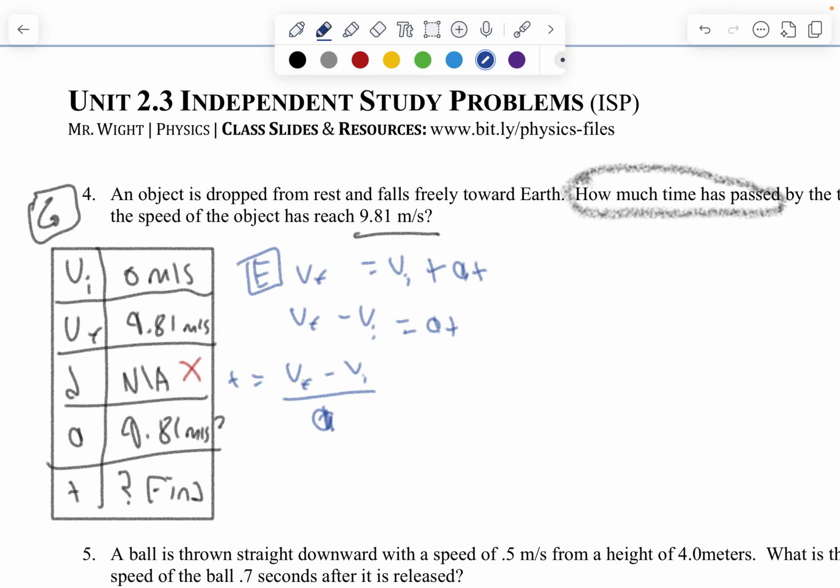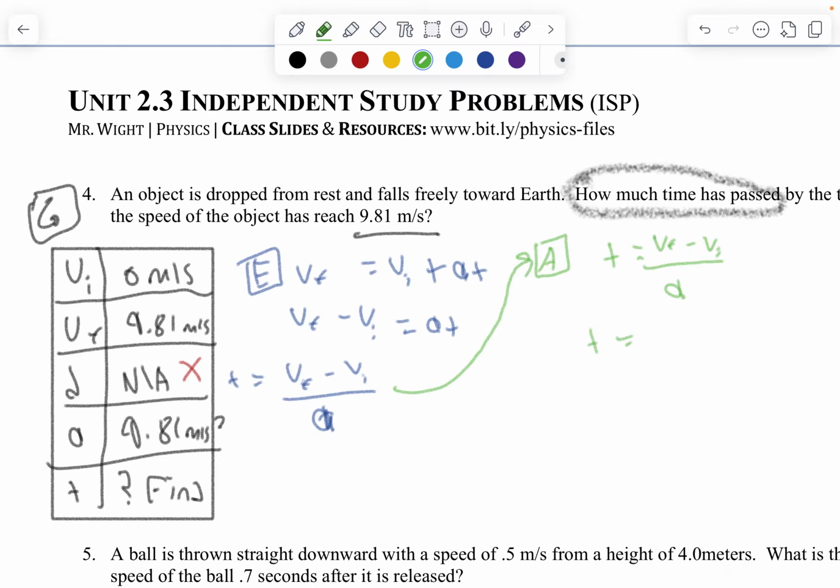Amazing. So we have the equation and we can plug in our values. Let's do exactly that. So time equals the final velocity minus the initial velocity divided by acceleration. And so let's plug in our final and initial velocity.